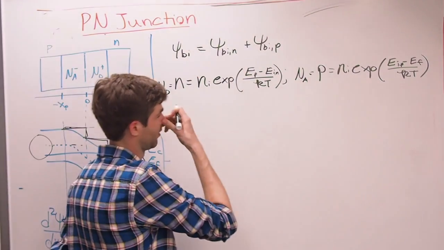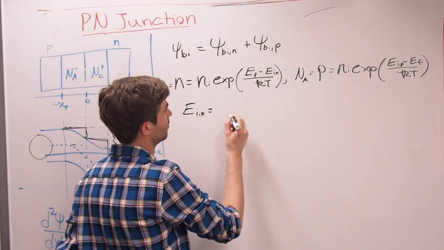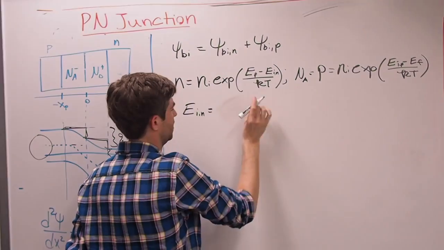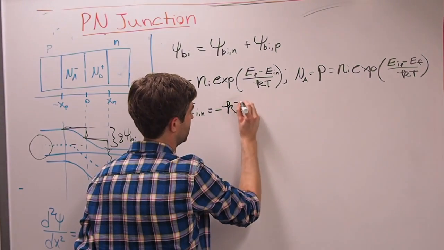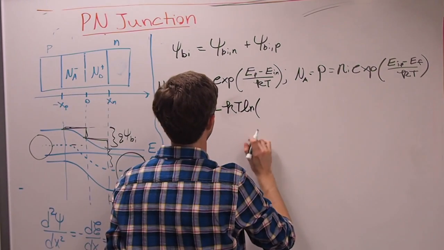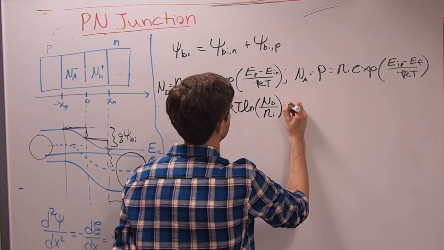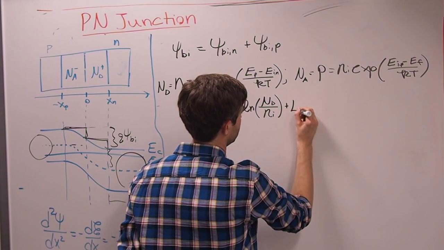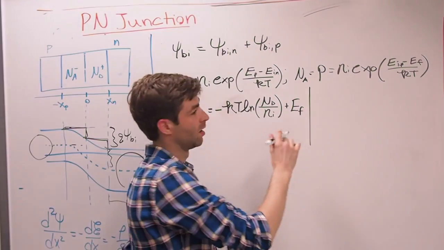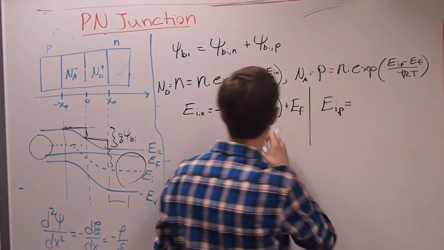So in this case, we rewrite this: EIN is equal to negative KT natural log of ND over NI plus EF. Similarly, over here, EIP, this is just doing algebra.